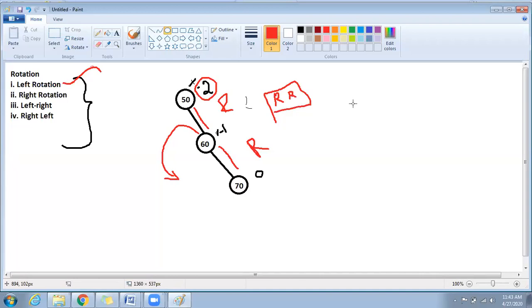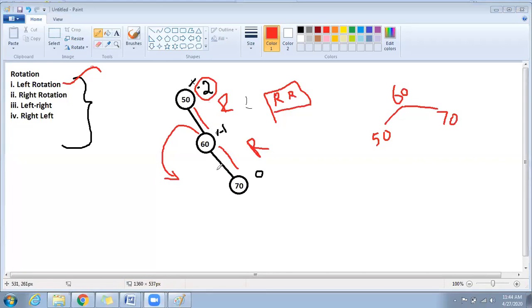Where will 50 come? Left side of 60. Exactly. Very good. So what is the result now? 60 I am having here, then 50 will come on the left side, and 70 will be here. Is it correct? Yes, ma'am.